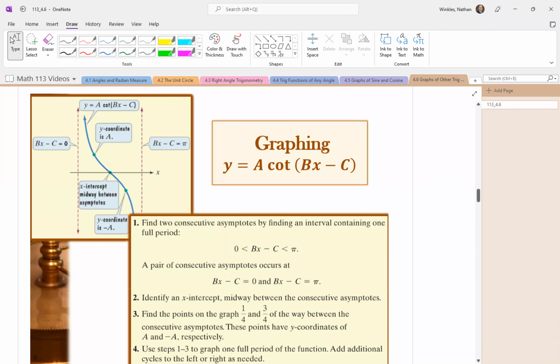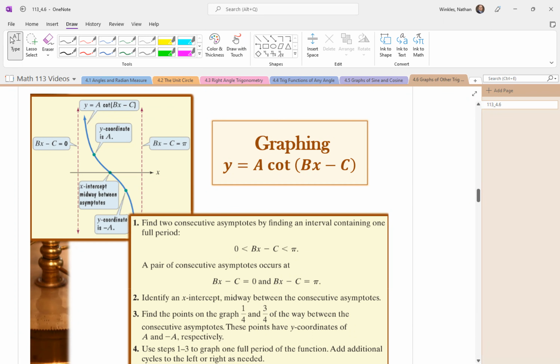So if we were to extend that now, we're going to work it very similar to how we did before. Find two consecutive asymptotes by finding an interval containing one full period. Since it's all integer multiples, that's between 0 and pi now. So 0 less than bx minus c less than pi. A pair of consecutive asymptotes occurs at bx minus c equals 0 and bx minus c equals pi.